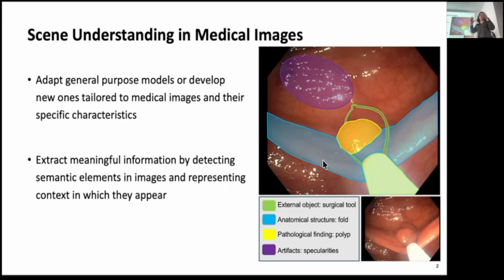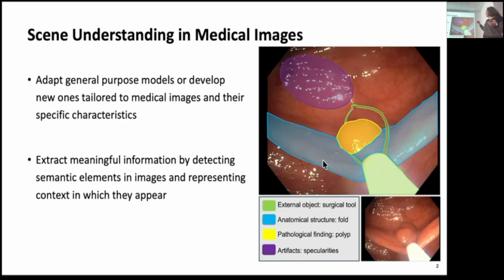The colon is basically a big muscle. And when it contracts, it creates folds along the surface. So that's what you have in blue. All the artifacts here, like specularities, in purple are there. That's because if we want to apply more models, then these specularities usually are bothering us, so the models actually perform well.